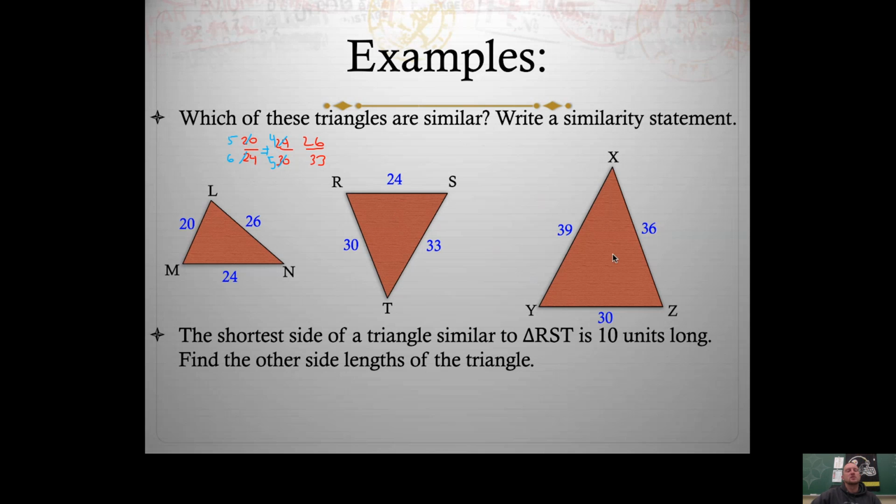Maybe this one's similar to this one. Check your ratios. I'm going to put my sides in order: 24, 30, 33. Put these sides in order: 30, 36, 39.